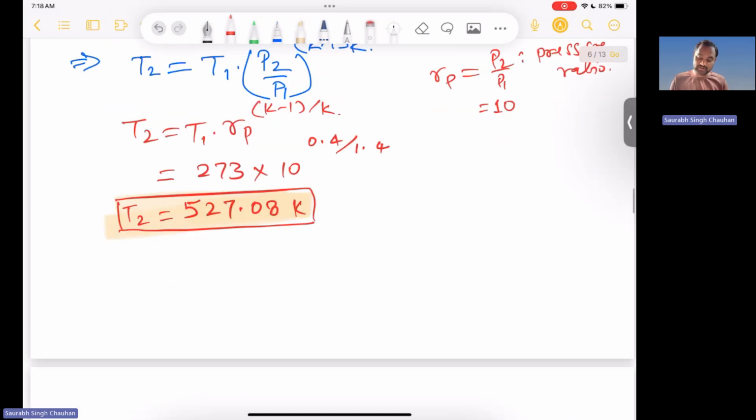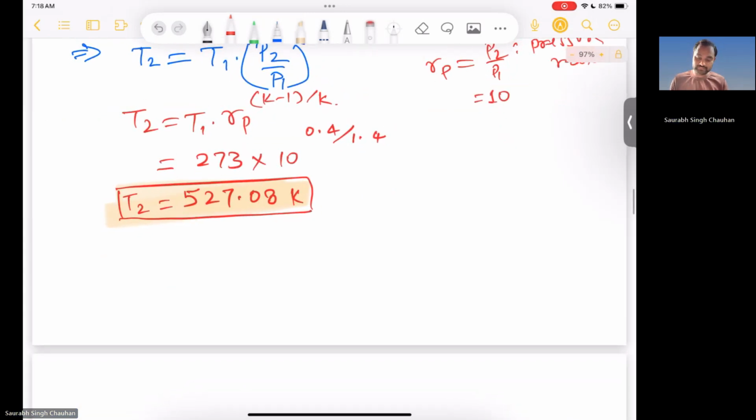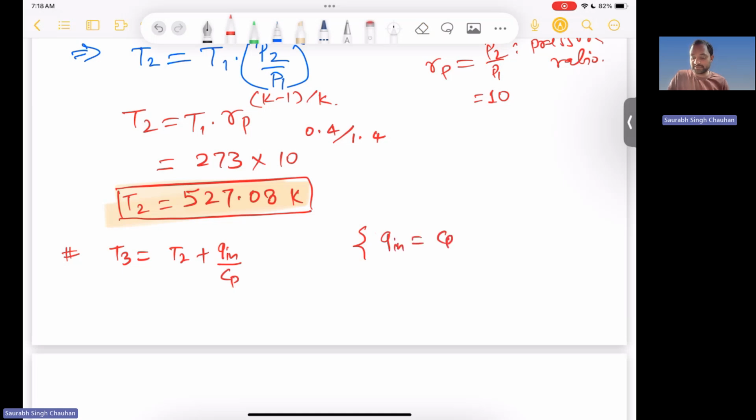Now we need this value at point 3, right? From point 2 to 3, there is constant pressure heat addition, correct? So temperature at point 3 should be equal to T2 plus Q in, the heat input per unit mass of air, divided by Cp, because heat input will be given by Cp times (T3 minus T2), correct?